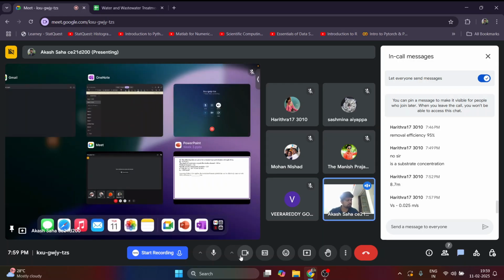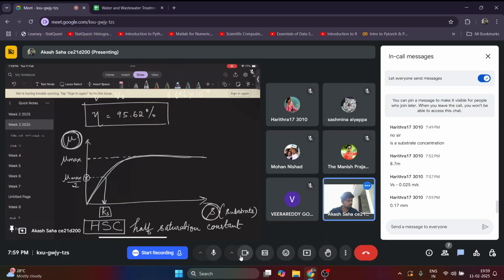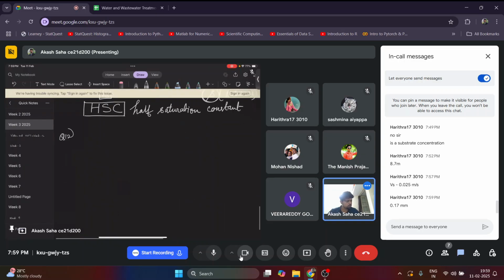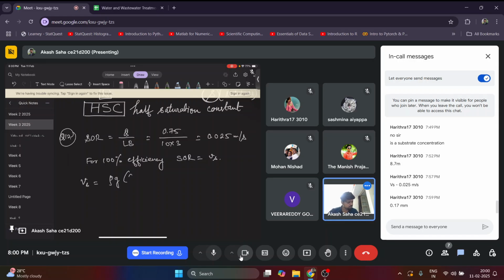Okay, so I will quickly solve this problem. Question number 12. First the SOR is Q by LB, which is 0.75 by 10 into 3, that is 0.025 meter per second. Now for 100% efficiency, SOR will be equal to my settling velocity. My settling velocity will be equal to rho g times (G minus 1) d square by 18 mu.